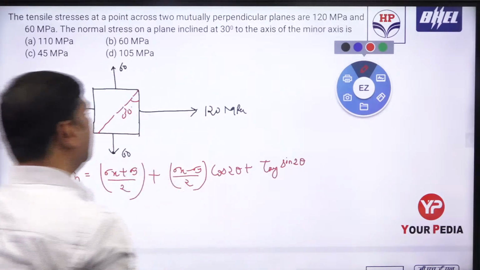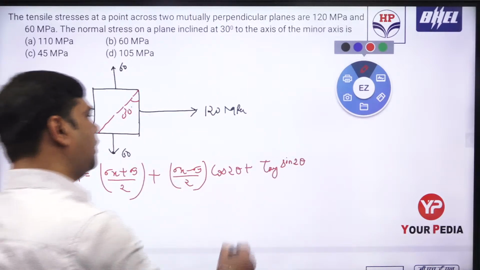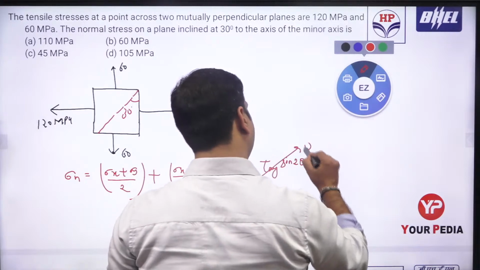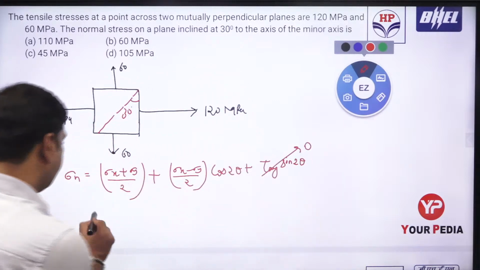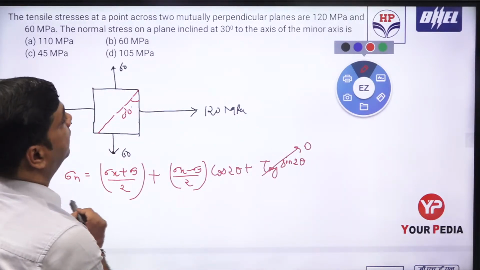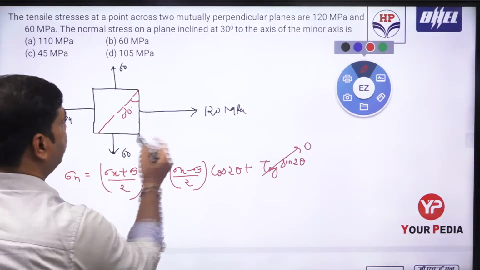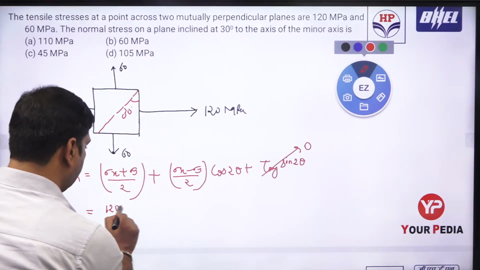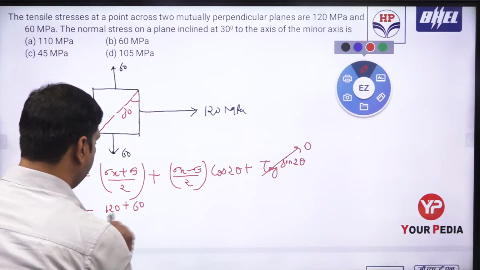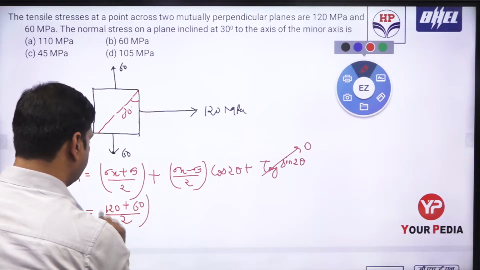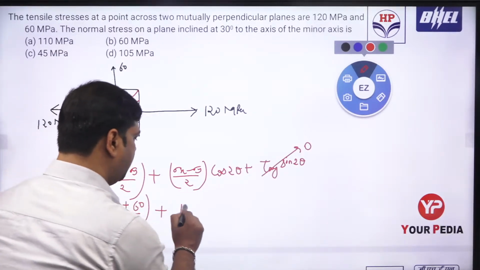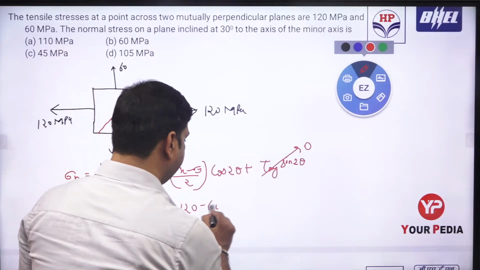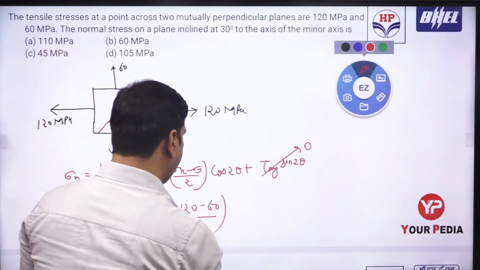There is no shear component here, so that term is going to be 0. So sigma n equals 120 plus 60 divided by 2, plus 120 minus 60 divided by 2 into cos 2 theta.